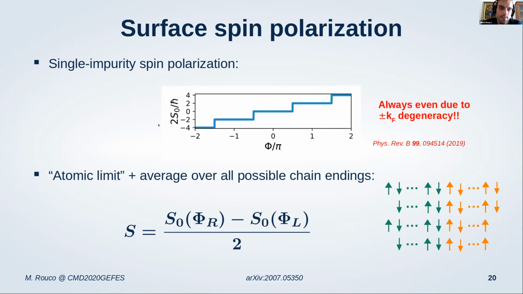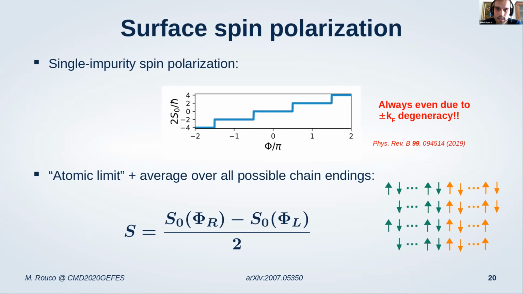So with this result, we can easily calculate the surface spin polarization of a junction between these chains in the atomic limit. This is when the impurities are very separated from each other. In this case, we basically have many single impurity problems.